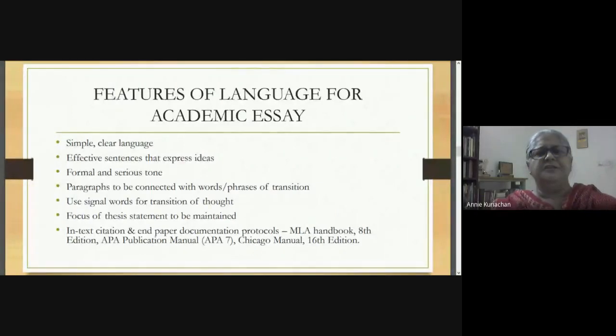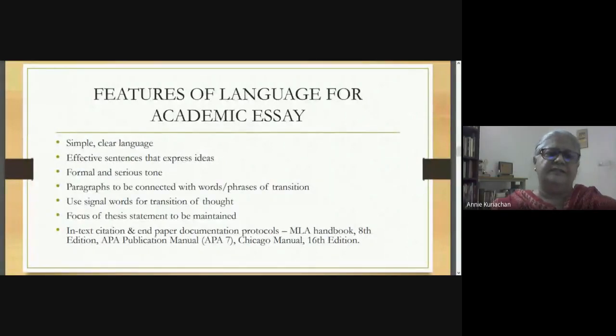Now, other features of language. This is where I'm going to come to in-text citation and end paper documentation. For different disciplines, we have different style sheets or methods of citation and documentation. For English language literature, we use the MLA Handbook, 8th edition, that is the latest.